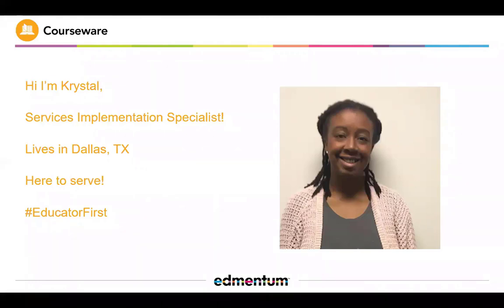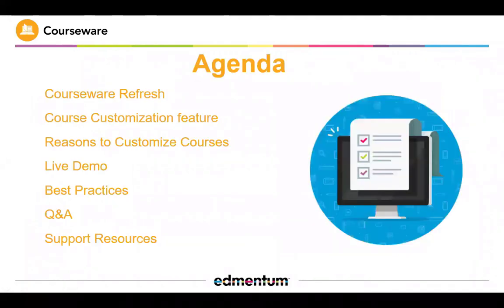So with that said, let's go ahead and jump into our agenda. Today we're going to start by doing a quick courseware refresh for anybody who has never attended a courseware workshop or is maybe new to courseware, a prospect to courseware. I'm just going to give you a brief synopsis of what courseware is as a solution and basically why you would use it. I'll also then move on to our actual content today, talking about the course customization feature that lives within courseware.